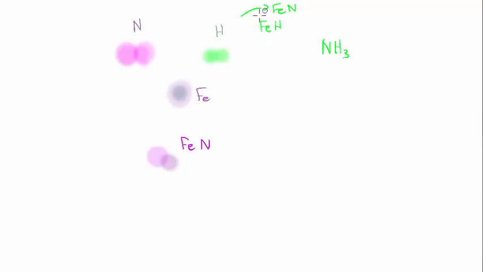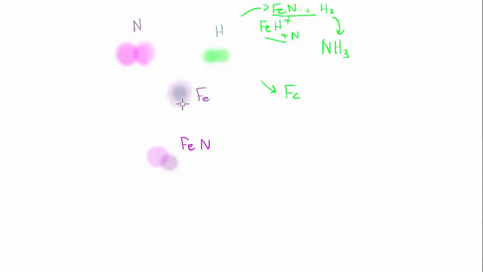This is obviously a different reaction also happening, but in the end all of the iron that we started with is returned. Iron is both a reactant and a product.